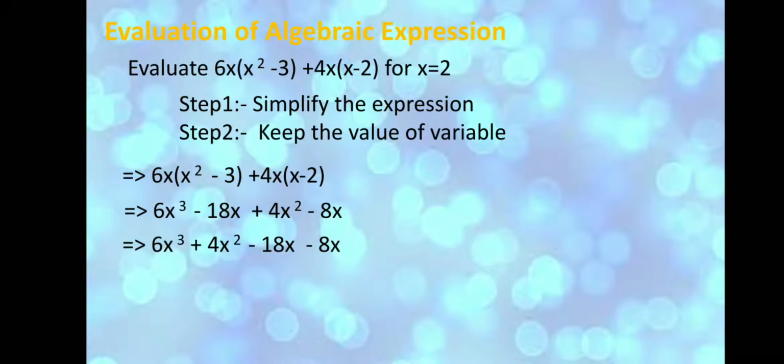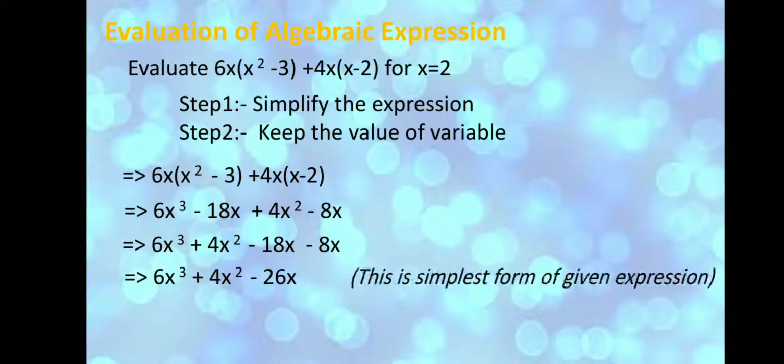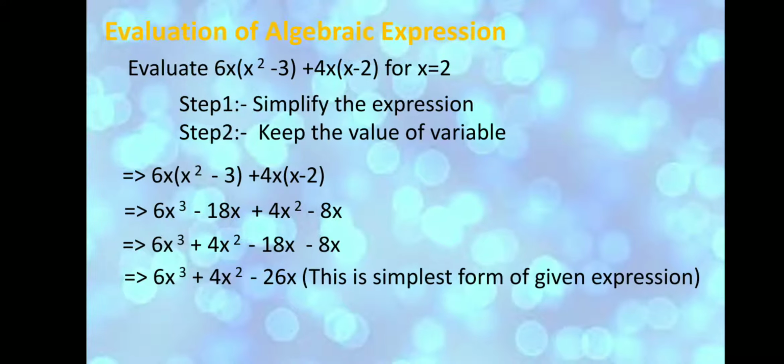Now we will take the like terms. So now you'll get your answer as 6x cube plus 4x square minus 26x.